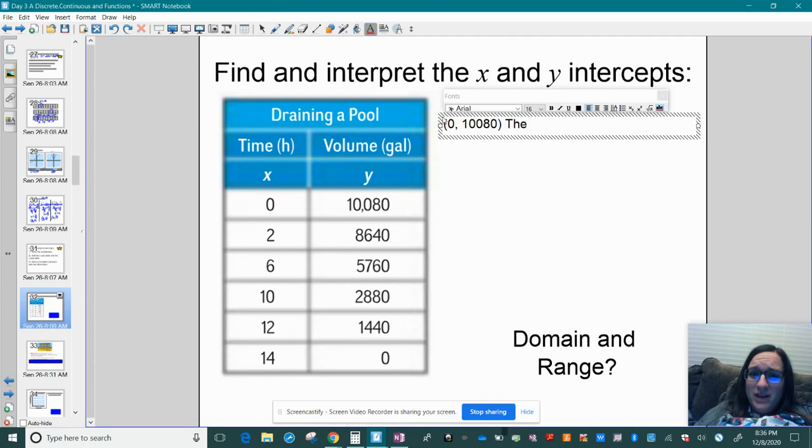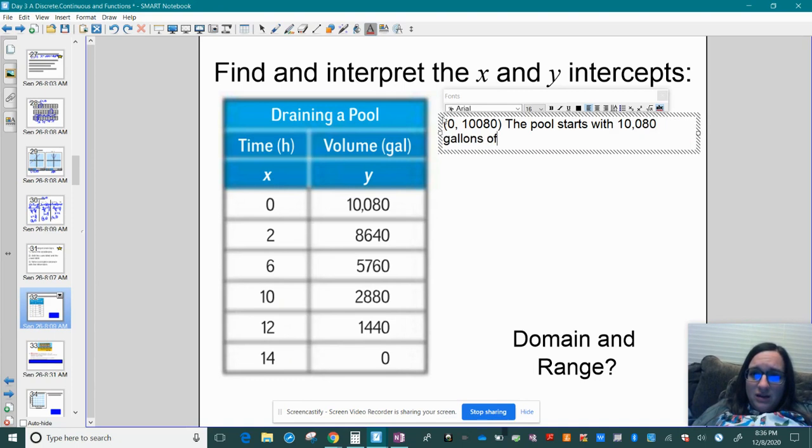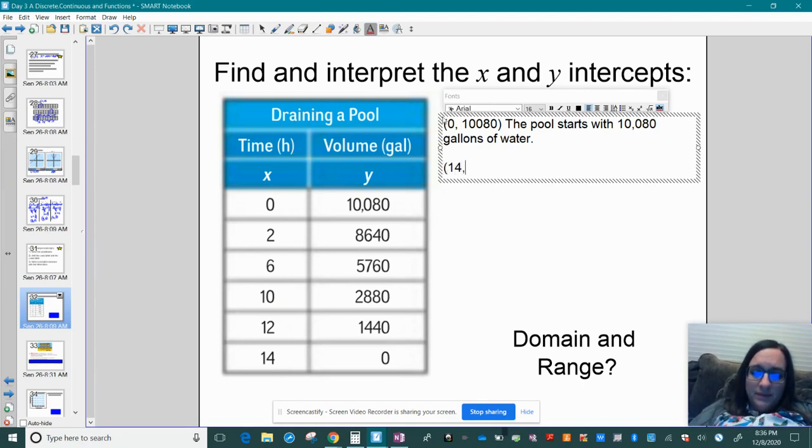And we are interpreting that: the pool starts with 10,080 gallons of water. We don't need anything more because that starts with implies the 0 hours, right? And then our other ordered pair would be our 14, 0.